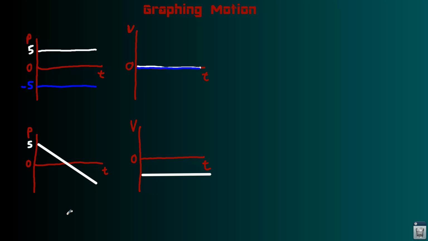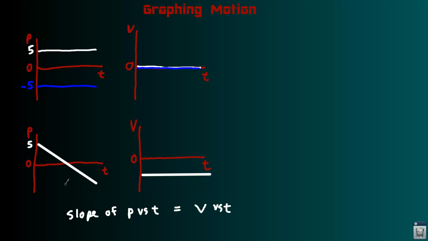So slope of position versus time graph equals, well, I'm just going to say equals your velocity versus time graph. That's not really worded very well, is it?